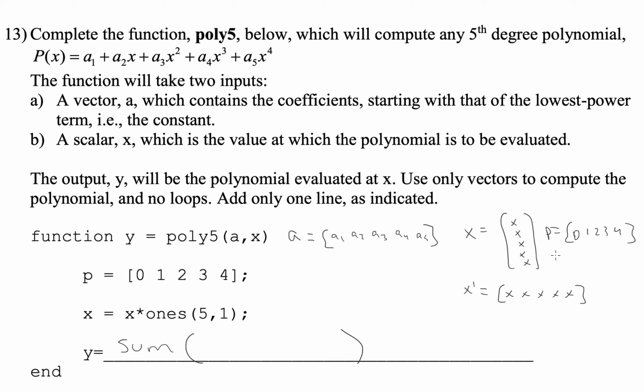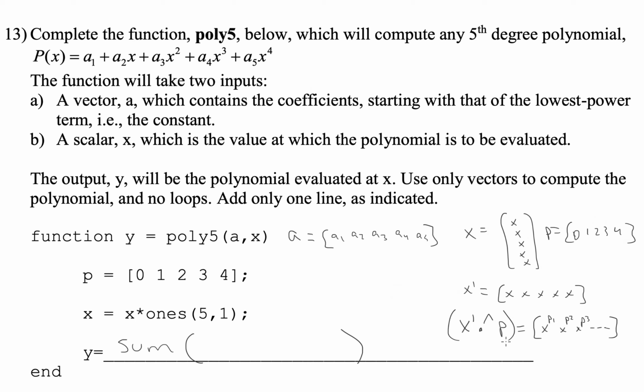And then we can do some array multiplication. So if we say x prime dot to the power of p, that will equal this row vector, which is x to the p1 essentially, x to the p2, x to the p3, and so on and so forth until x to the p5.